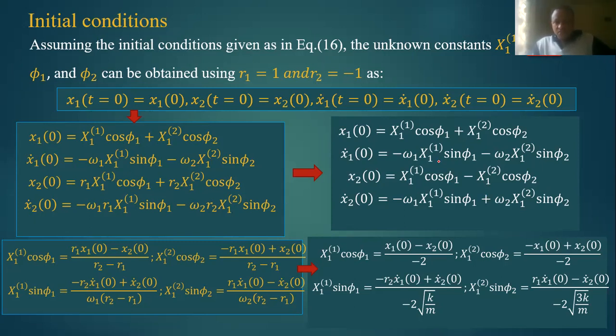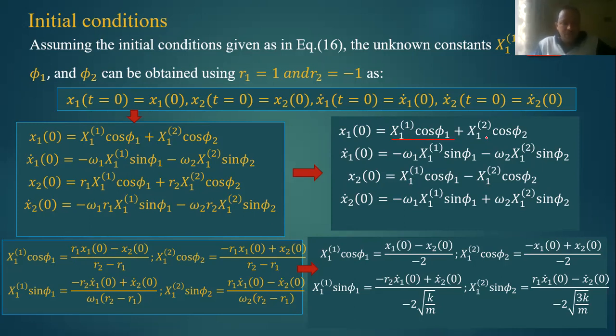So we have this, and when we properly apply these rules, means substituting the values, what we can get is x1 of 1 cos phi 1 equals this equation.